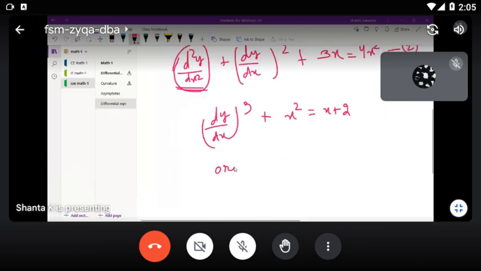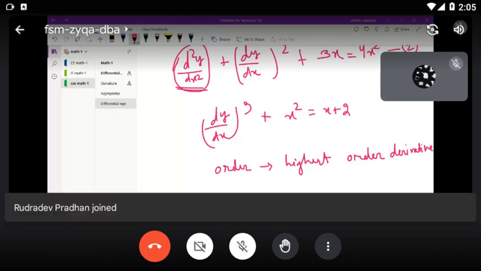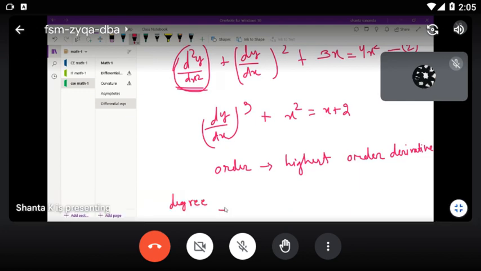So order means the highest order derivative present, or the differential coefficient, and degree means the degree of the highest order derivative.